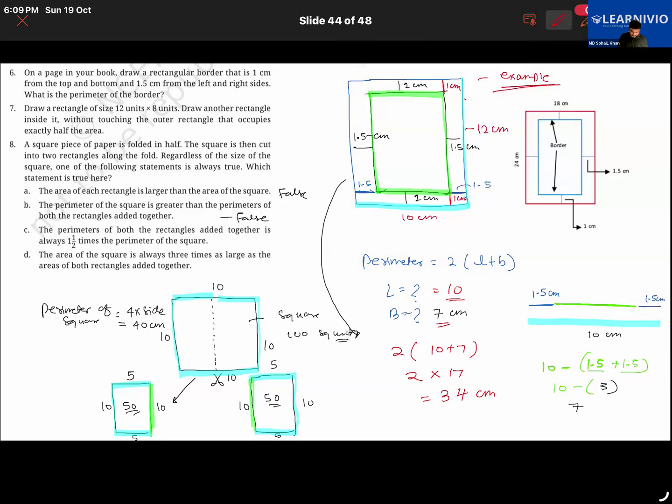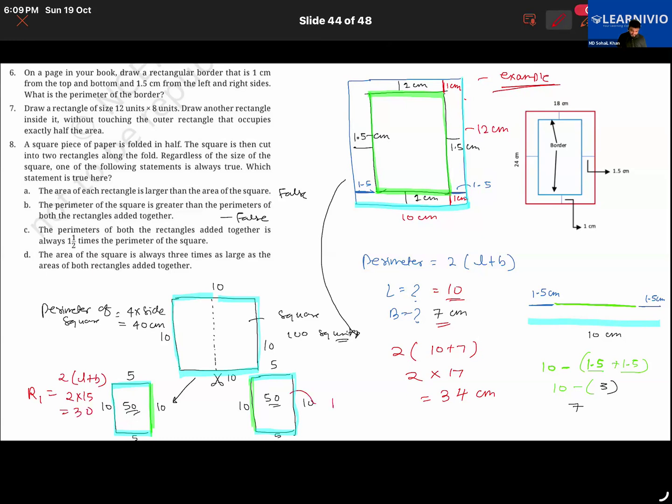So the perimeter of rectangle number 1 is going to be 2 into L plus B. So that's going to be 2 into 15, and hence 30.